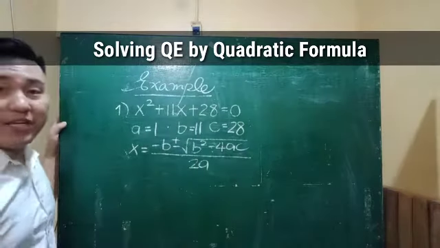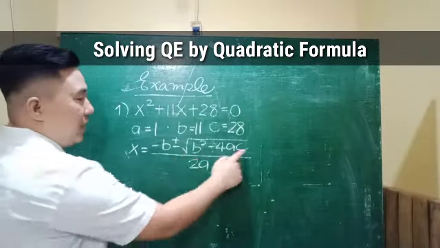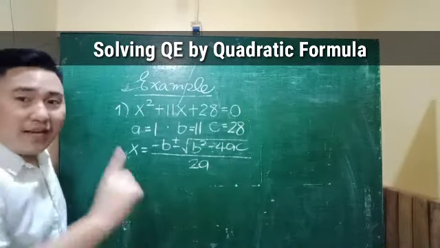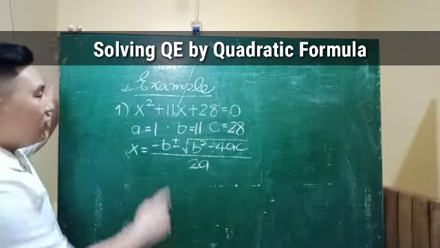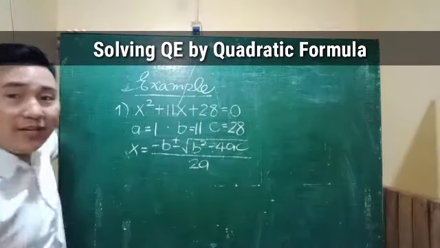So kung mapapansin mo, sa formula natin, meron tayong a, b, and c. So ang gagawin natin sa next step, substitute. Yung mga values ng a, b, and c, i-replace lang natin sa ating formula.